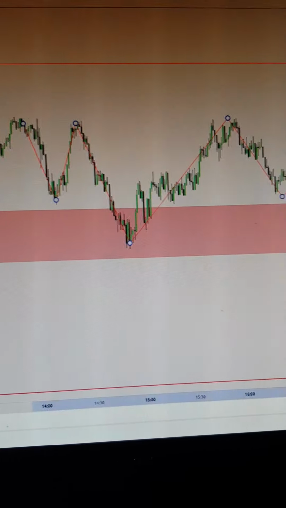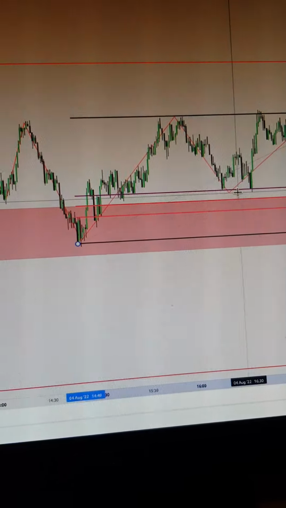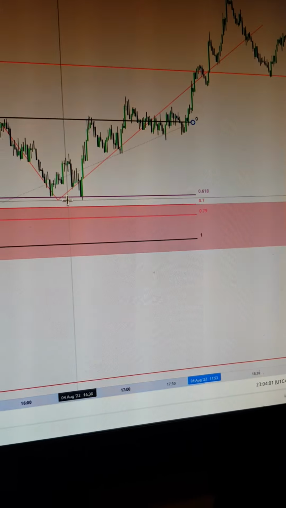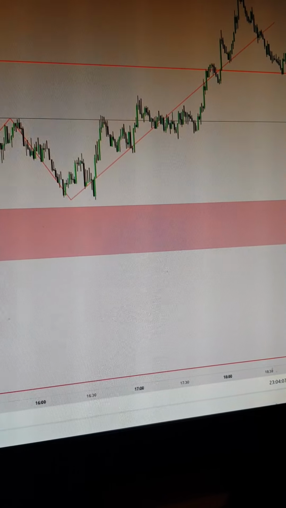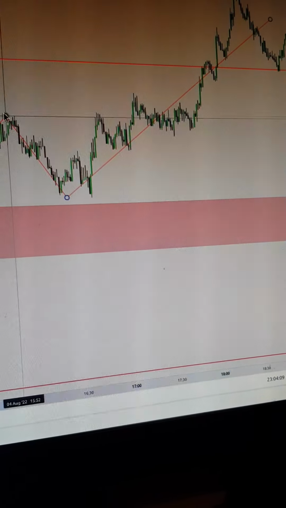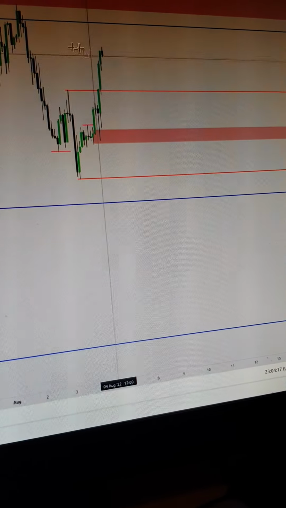You take your fib here at 61.8%, buy here, and you hold. You take out this liquidity. All right, but the main target was this.